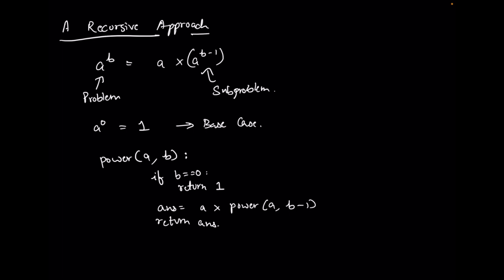Because we're making a recursive call in which b is reduced by 1 every time, and the base case is when b is equal to 0, right? So if the first call we make is power of a comma b, the next call is power of a comma b minus 1, and the call after that is power of a comma b minus 2, and so on till b becomes 0, right? So that's going to be a total of b recursive calls.